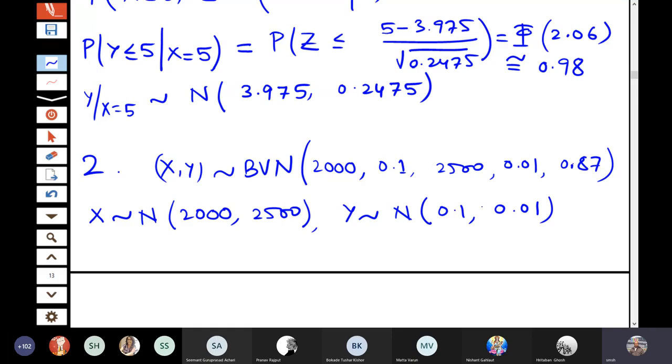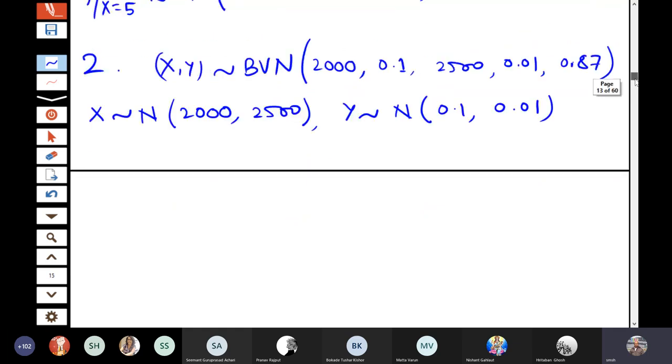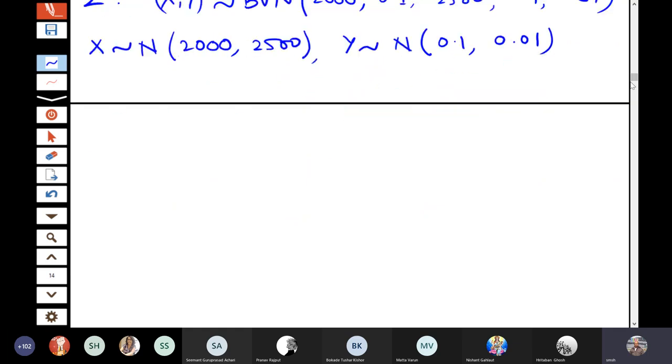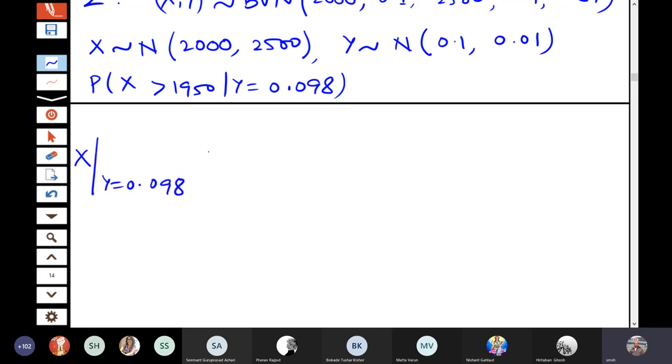If I want to calculate the conditional distribution of x given y, suppose I am asking the question, what is the probability x greater than 1950, given that y is equal to 0.098. Just some value I have put here for y and a certain probability I want to calculate. So I will need the conditional distribution of x given y equal to 0.098.